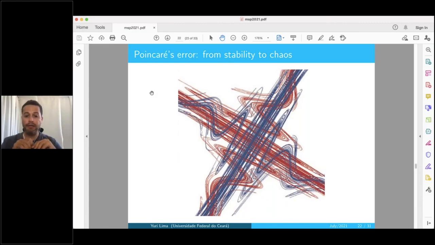But when he realized that he did not have a proof that these asymptotic surfaces could not intersect, and perhaps they did intersect, then he understood that the situation was much more complicated than he thought in the beginning. This is the idea that Poincaré's error led this field of study from stability, which was what he concluded if these asymptotic surfaces did not intersect, to a complete chaos.